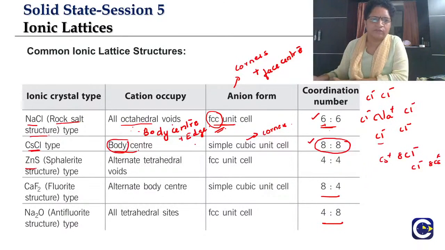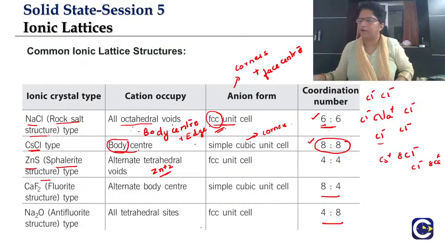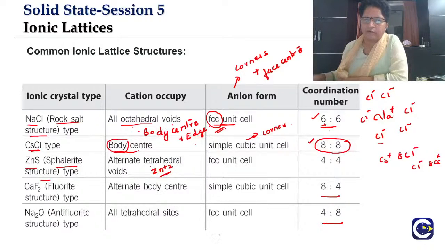Zinc sulfide is called the sphalerite type of structure. The cation is present at alternate tetrahedral voids. If you can recollect our previous topic, Maithili, you were asking me about the questions. Now here also we will calculate.